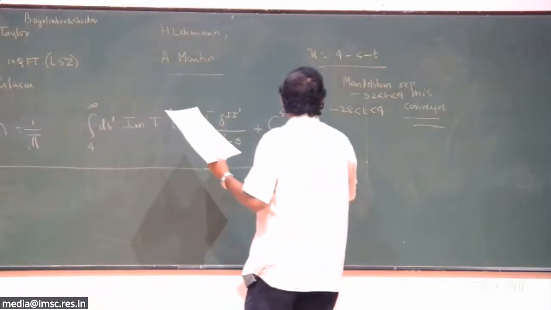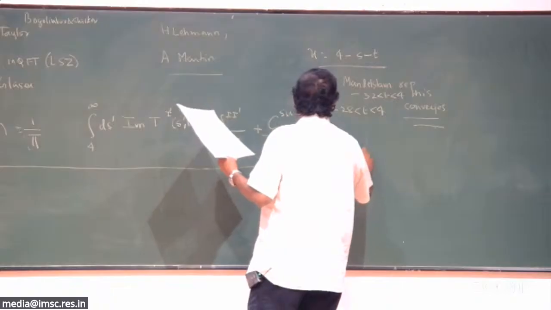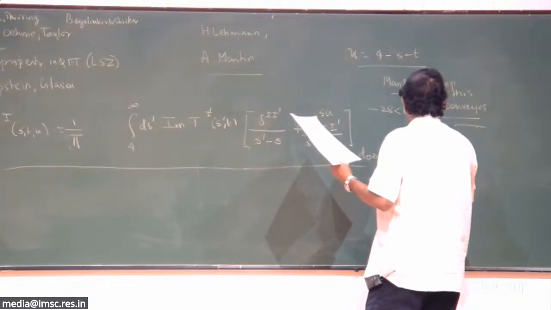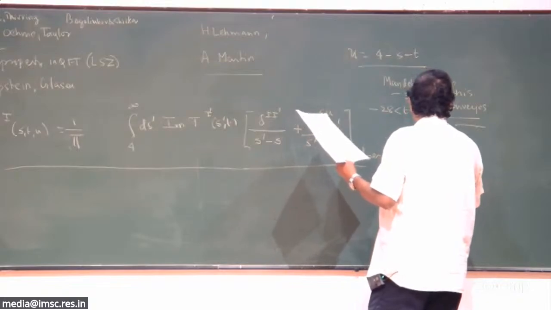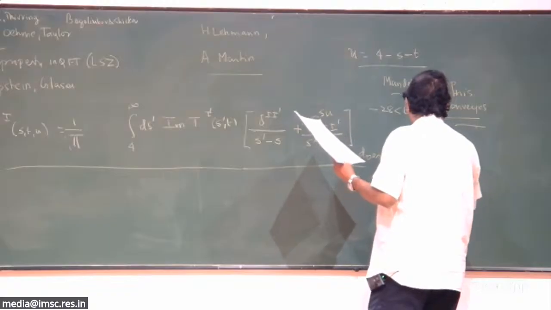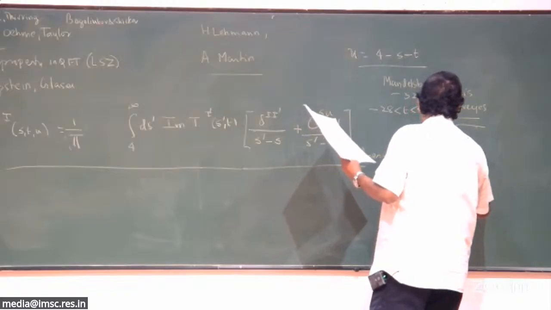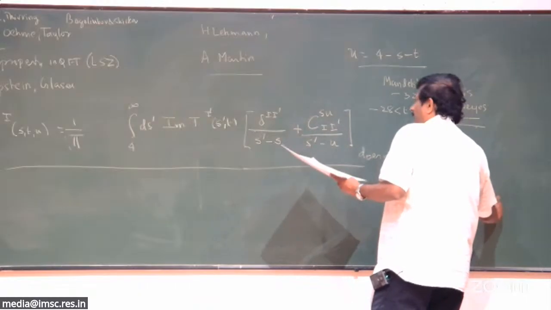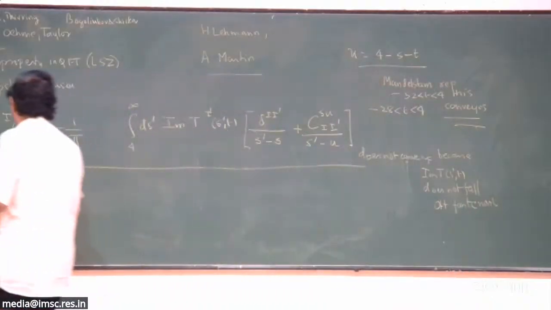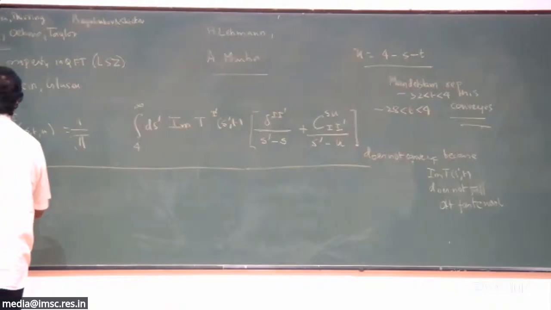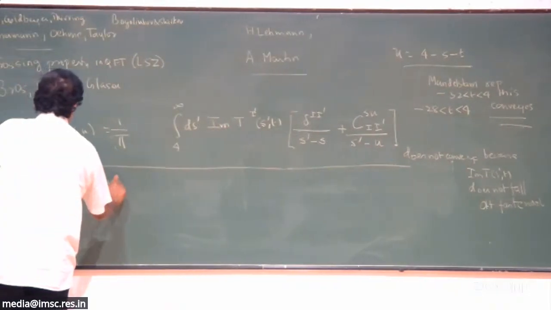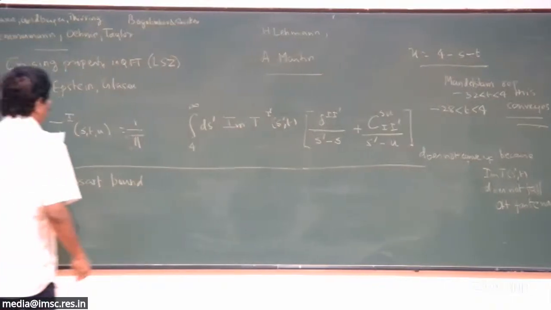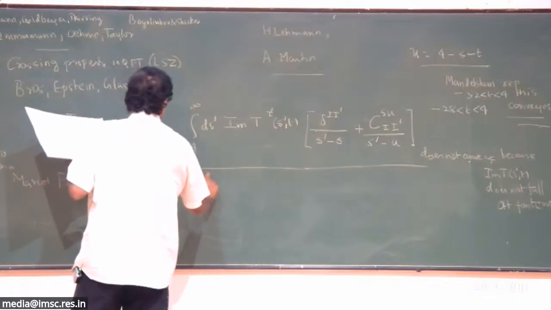So this actually does not converge, because Im T(S', t) does not fall off fast enough. However, the Froissart bound says, this is Marcel Froissart's bound, says that two subtractions suffice.